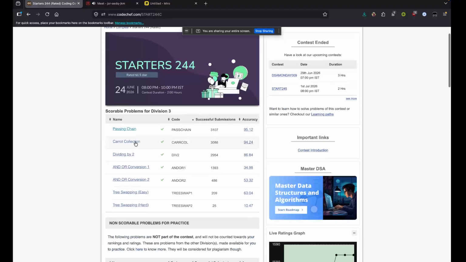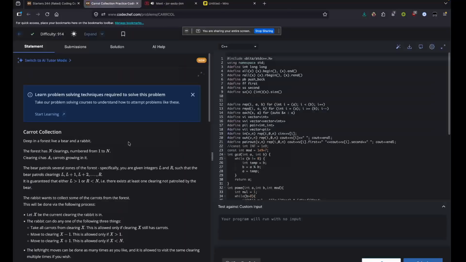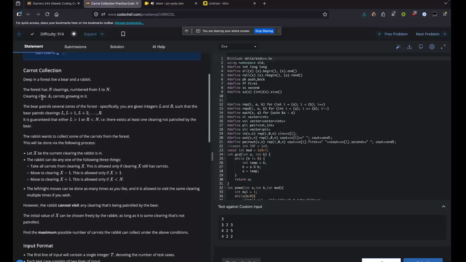So let's move to the next question. Deep in a forest live a bear and a rabbit. The forest has n clearings, numbered from 1 to n. Clearing i has a_i carrots growing in it.